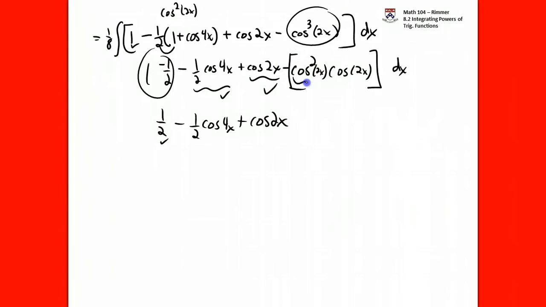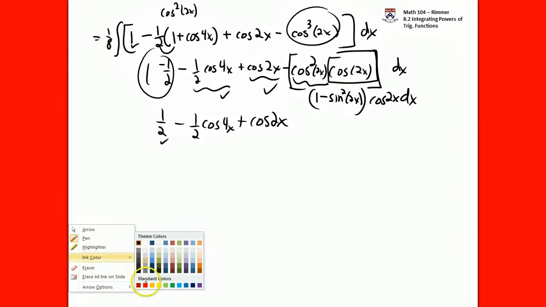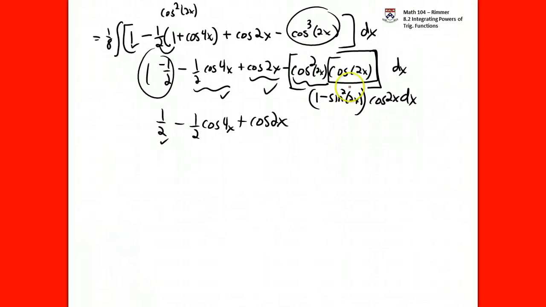What do we do with these cosine squared? We trade in for sine squared, 1 minus the sine squared. And we could do a U sub on that. You peel 1 off. I should write in a different color. The one I peeled off, I was writing in red. You peel 1 off, but it's not a cosine x, it's a cosine of twice x. And you take the other one, let me write that in blue.